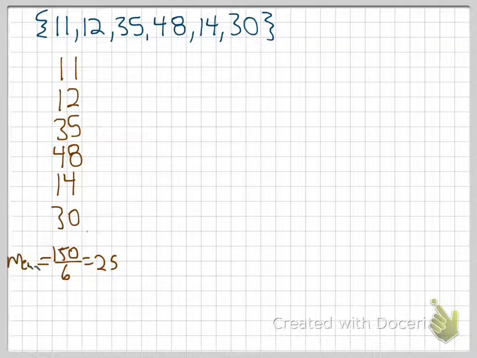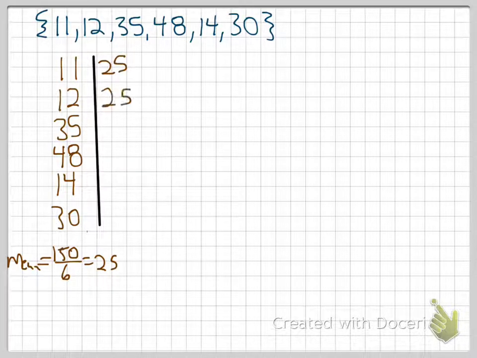So that is the mean of those values. In my next column over, I'm going to write the mean, list that down: 25, 25, 25.